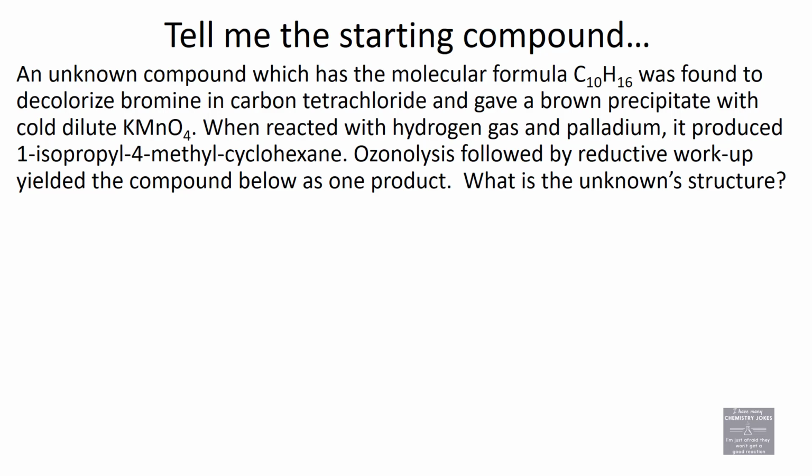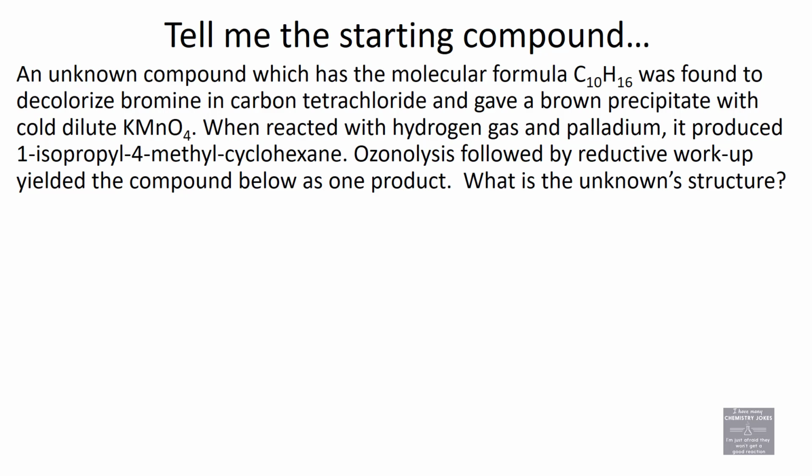Qual test positive, I've got an alkene. And it gave a brown precipitate with cold dilute KMnO4. What does that mean? A second confirmation of my qual test. Alkene reacts with purple potassium permanganate to give you brown manganese dioxide. So further confirmation, I've got at least one alkene in this thing.